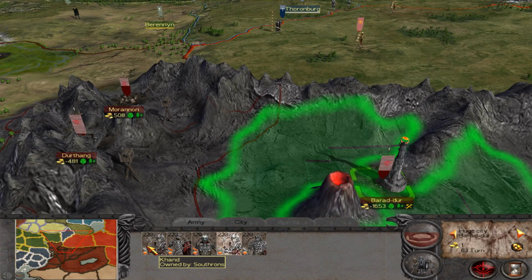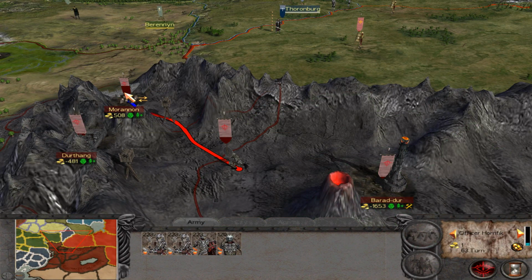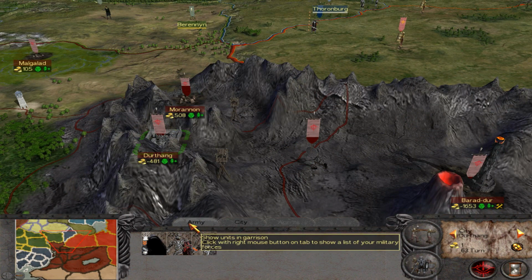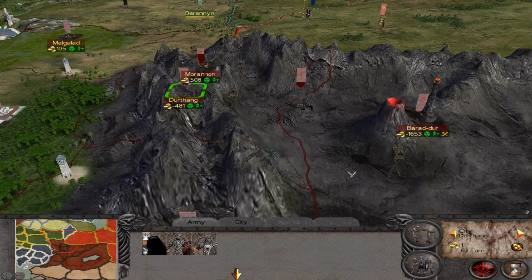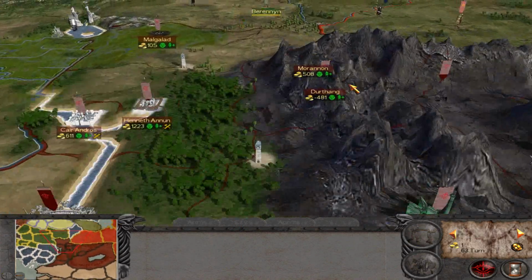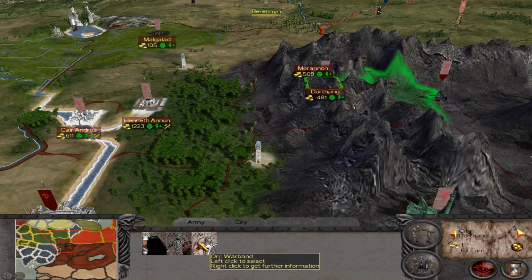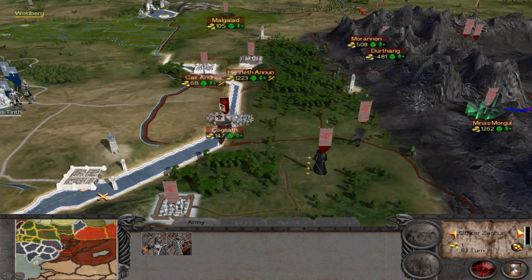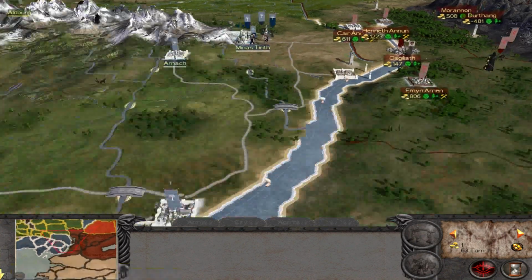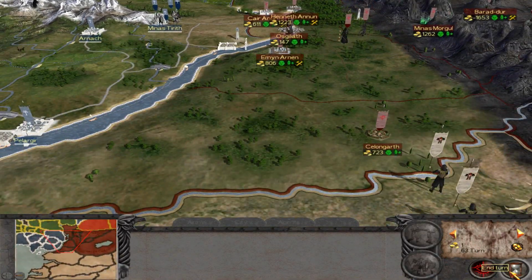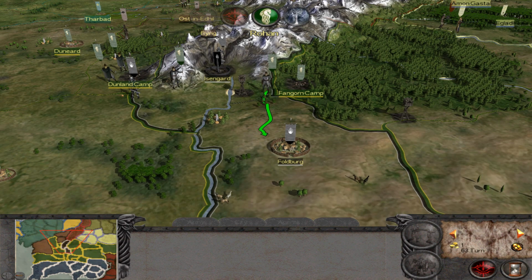We don't need troops in Barad-dûr. Let's move them to the Morannon wall, the Black Gate of Morannon. These orcs could be moved to Minas Morgul. Okay, so Gondor, etc. They are pretty strong still. Okay, let's end the turn.